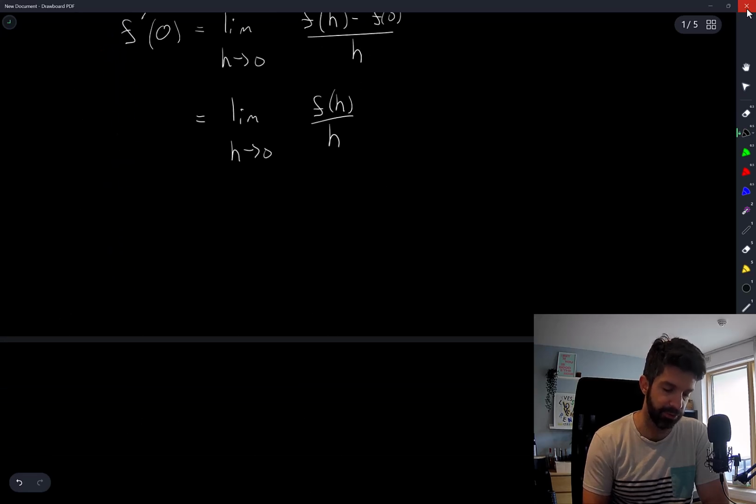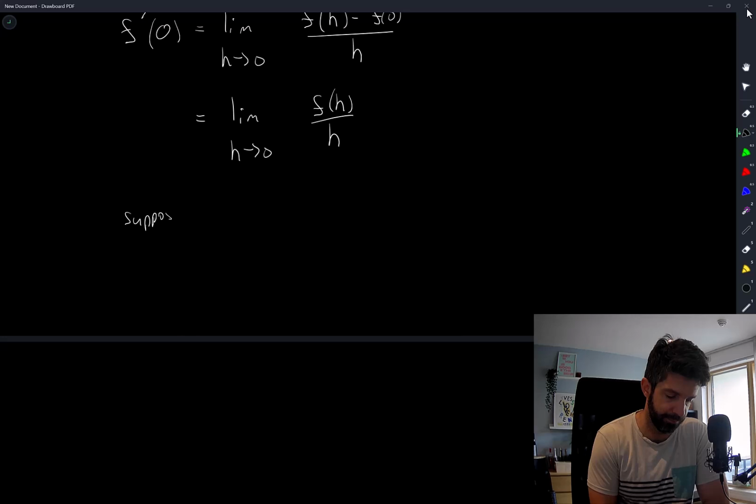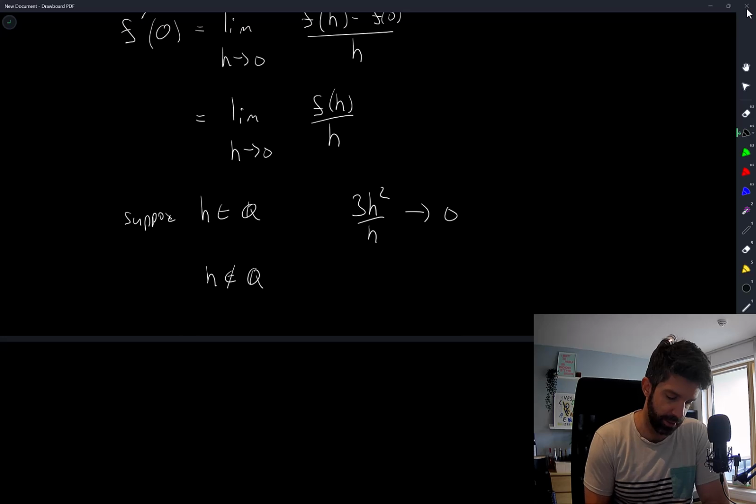Suppose h is only rational, then this gives us 3h squared over h, which goes to 0. On the other hand, if we suppose h is irrational, then we have negative 5h squared over h, which also goes to 0.